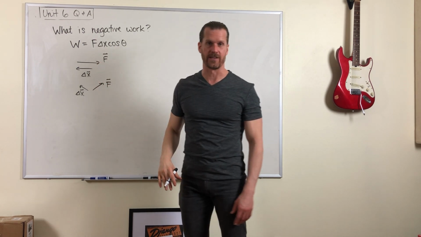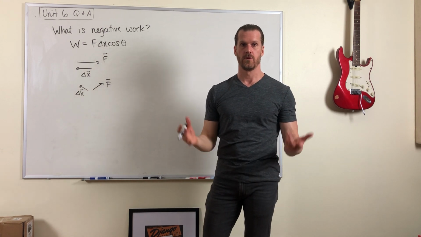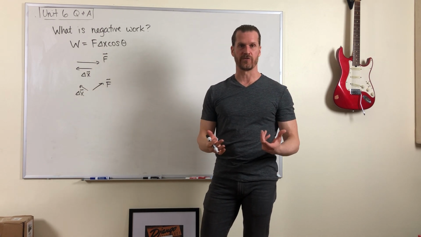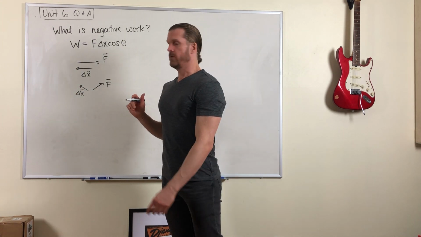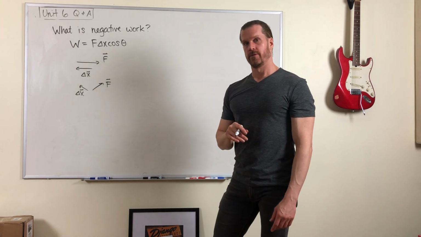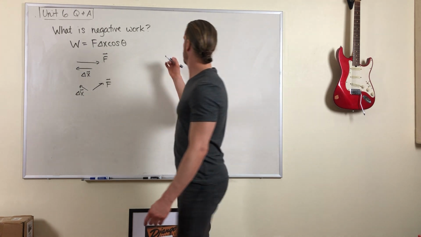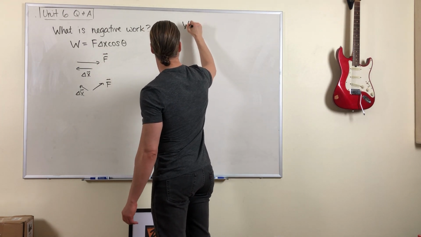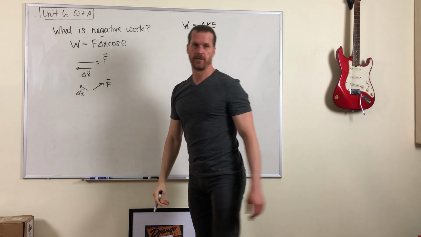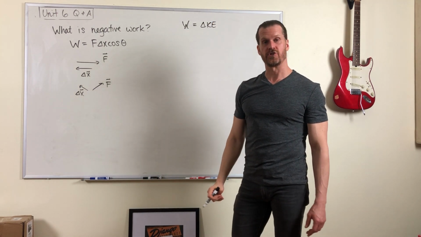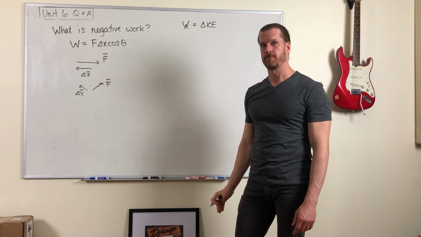Okay, so we've kind of established mathematically and graphically that negative work is possible. So what does this mean in terms of energy? Well, we learned the work-energy theorem that says that work is related to the change in kinetic energy.